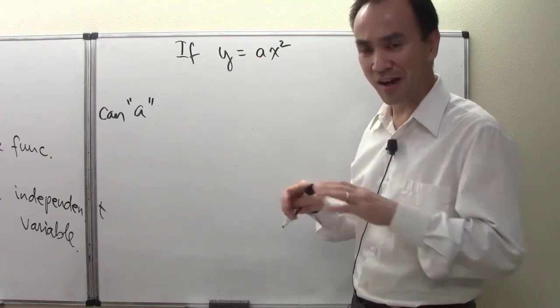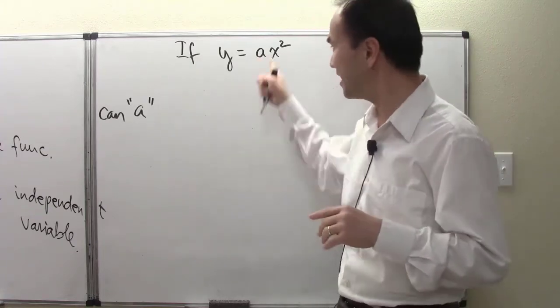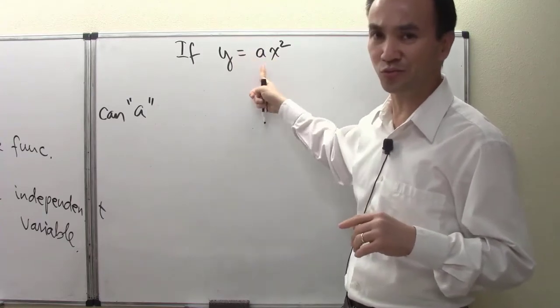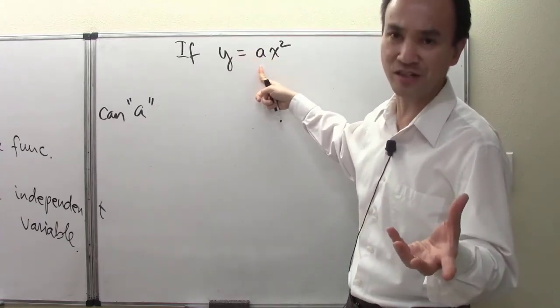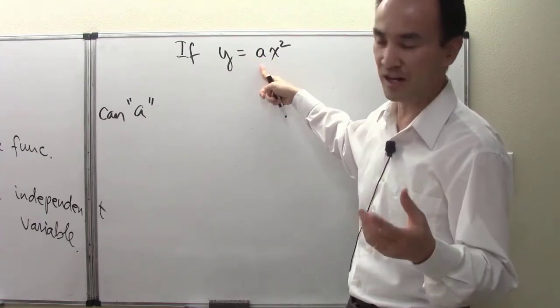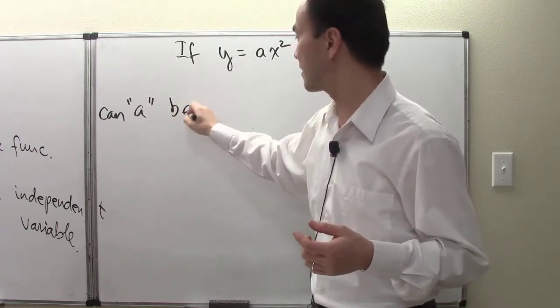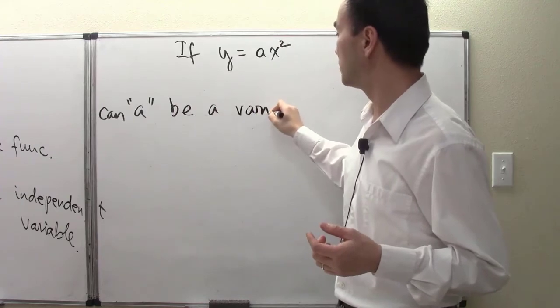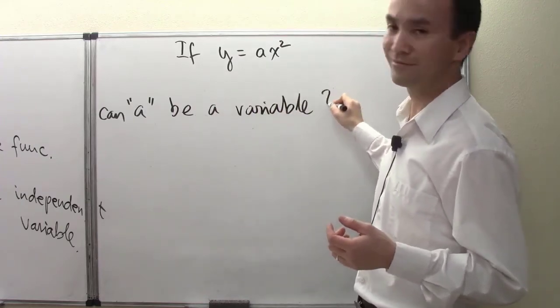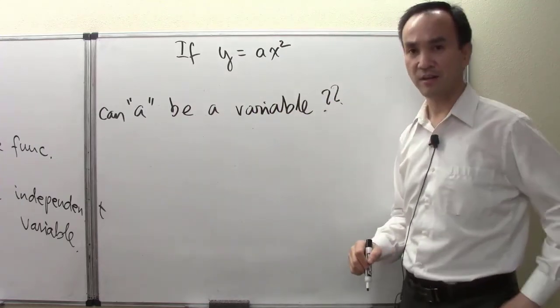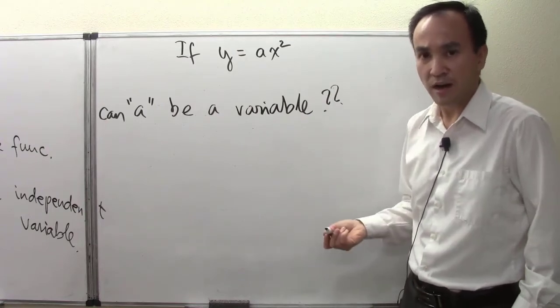As we start thinking a little further, in a general situation like this, why not also consider a as a variable as well? So the concern being raised here is, can a be a variable? Sure, why not? It's just a variable.